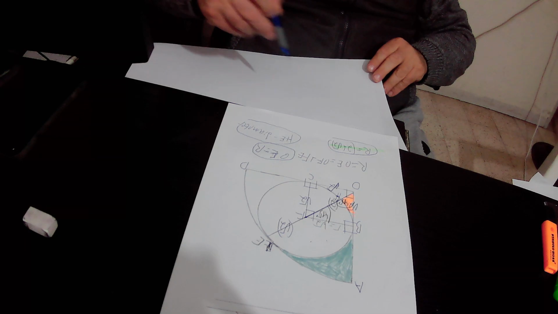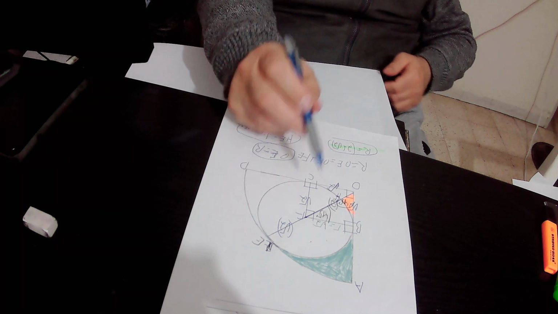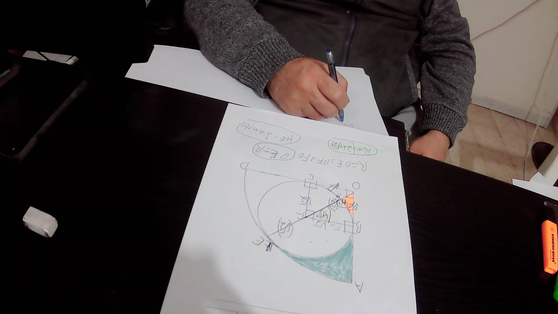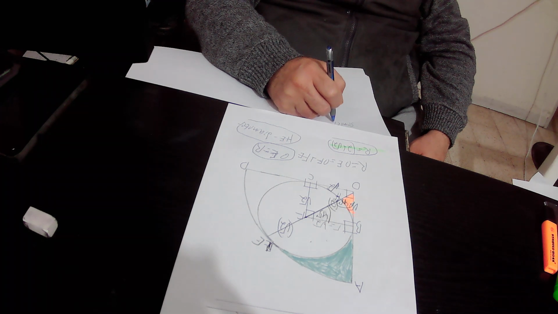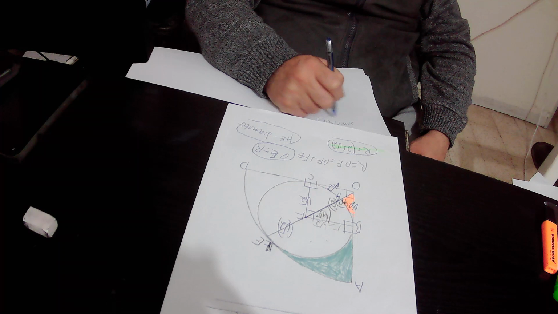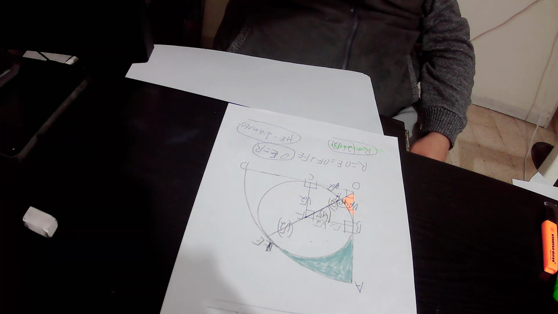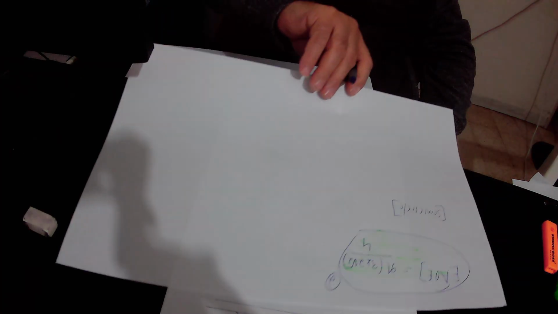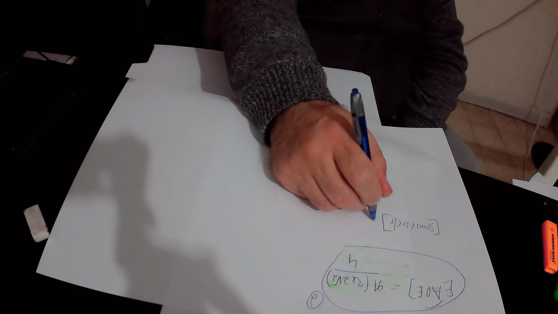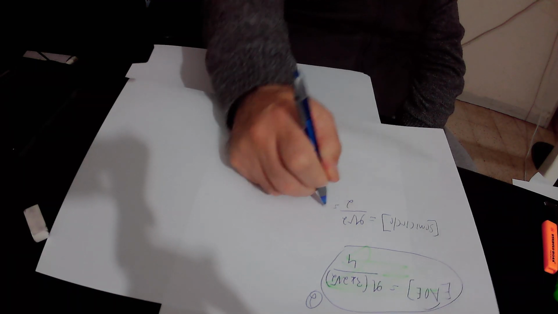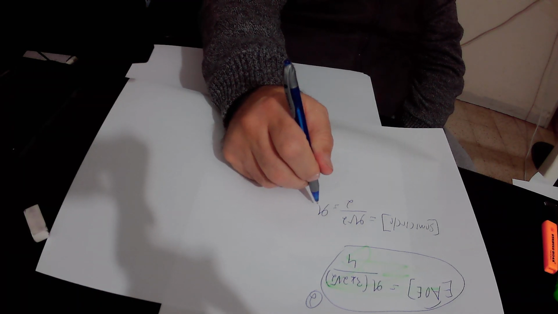In the next step, we'll find the area of this semicircle, the small semicircle. The area of any semicircle equals the area of the circle, pi r squared, over 2. So it is pi, and r is the square root of 2.